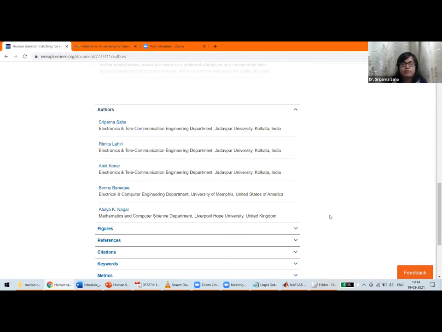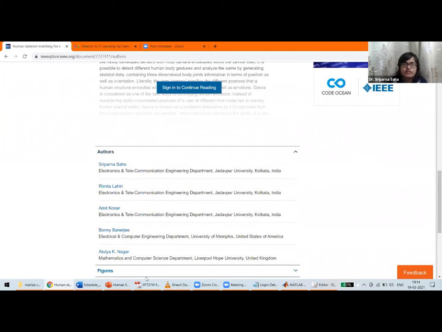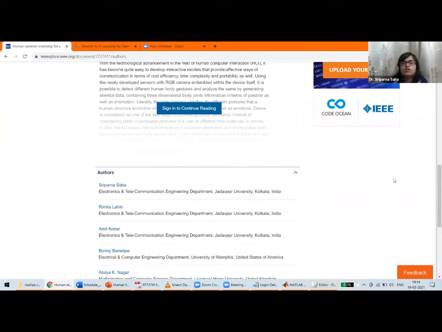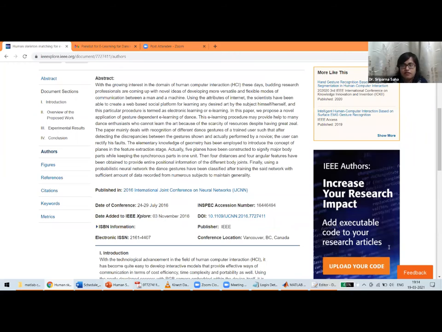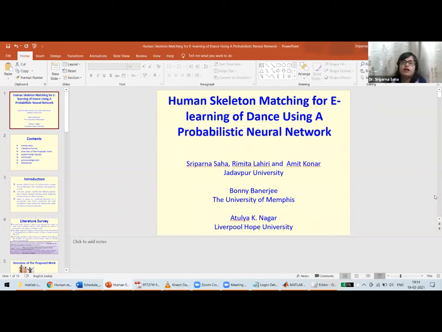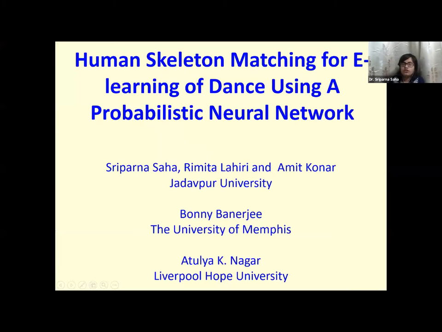So coming to this particular paper, this is the paper where we are using the human skeleton, and that human skeleton matching is done for dance videos for the purpose of e-learning of that particular dance. The methodology, the artificial intelligence tool that is used, is the probabilistic neural network, PNN.